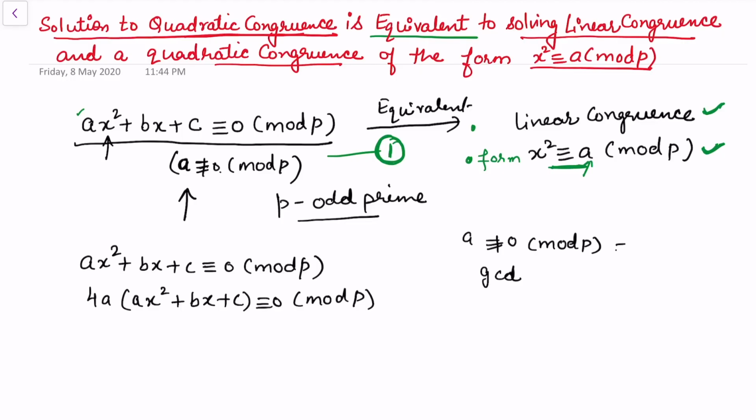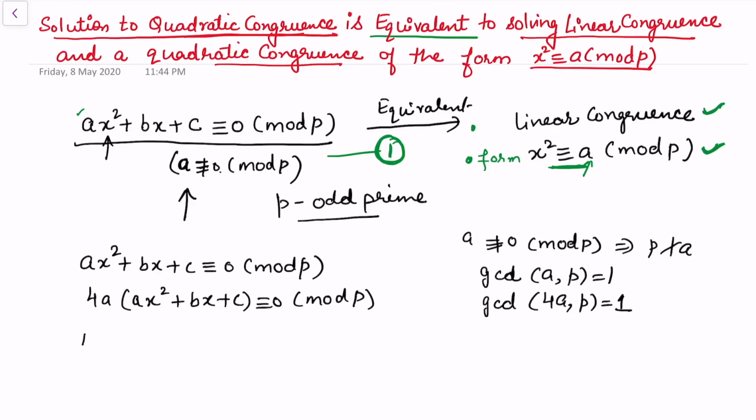This means p does not divide a. If p does not divide a, then GCD of a and p is equal to 1. If GCD of a and p is equal to 1, then GCD of 4a comma p is also equal to 1.